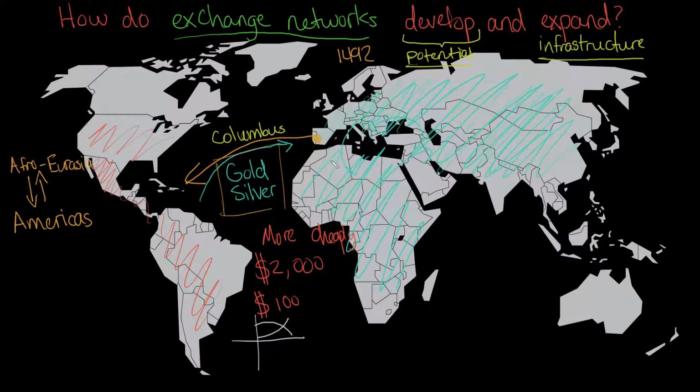And just as a second example of this potential and infrastructure relationship, let's think about the Silk Road, which was really the second big example of an exchange network. You had the Silk Road, which is this exchange network between Asia over here and Europe over there.